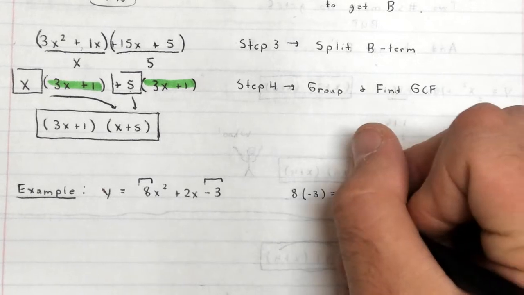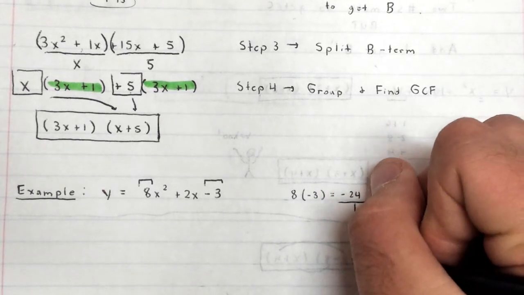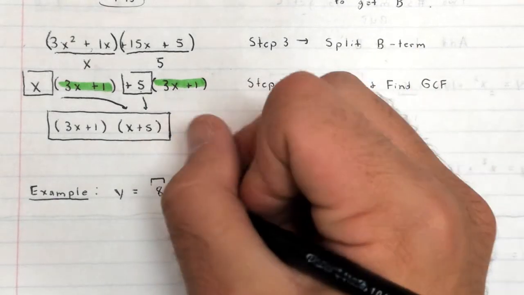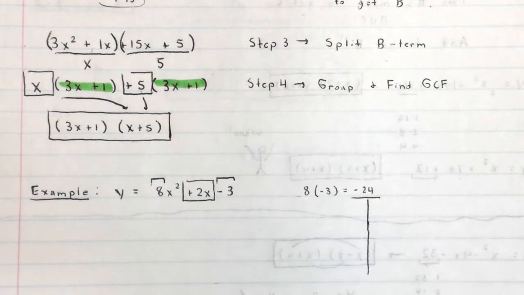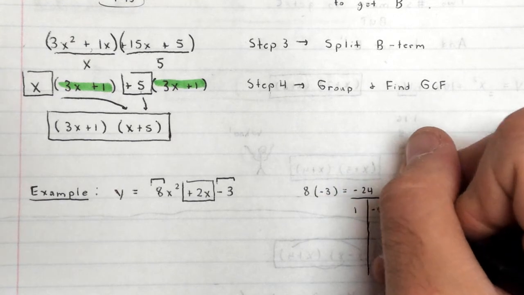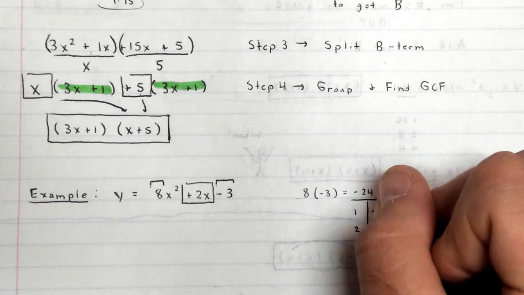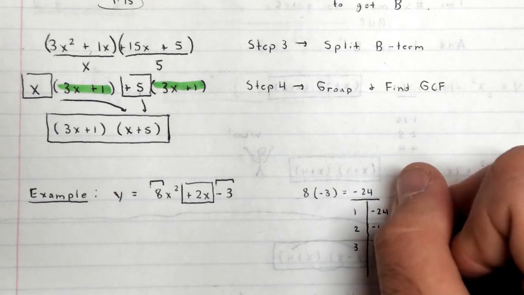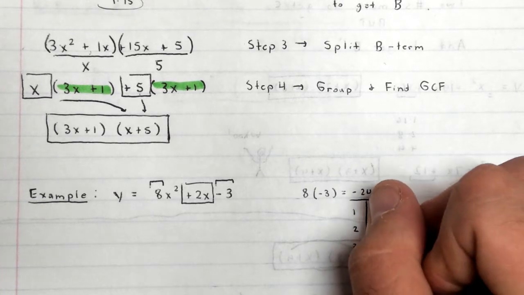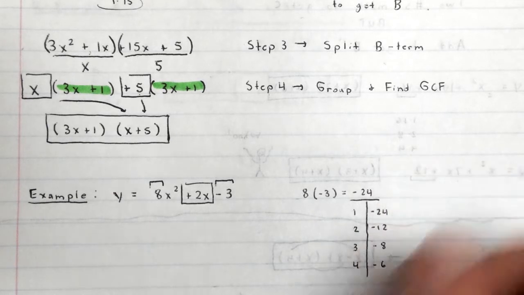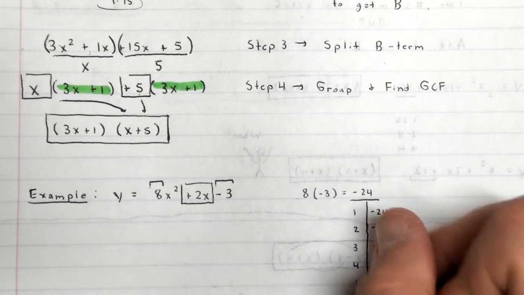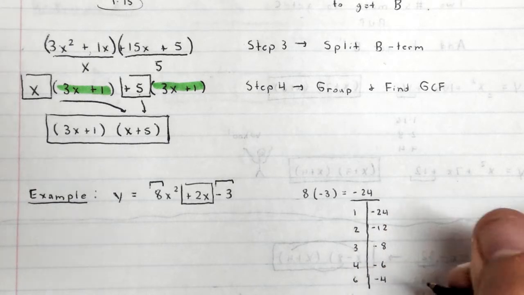Now I want the factors of negative 24 that combine or add to get my b value, which is plus 2. So I have 1, negative 24, 2, negative 12, 3, negative 8, 4, negative 6, 6, negative 4.